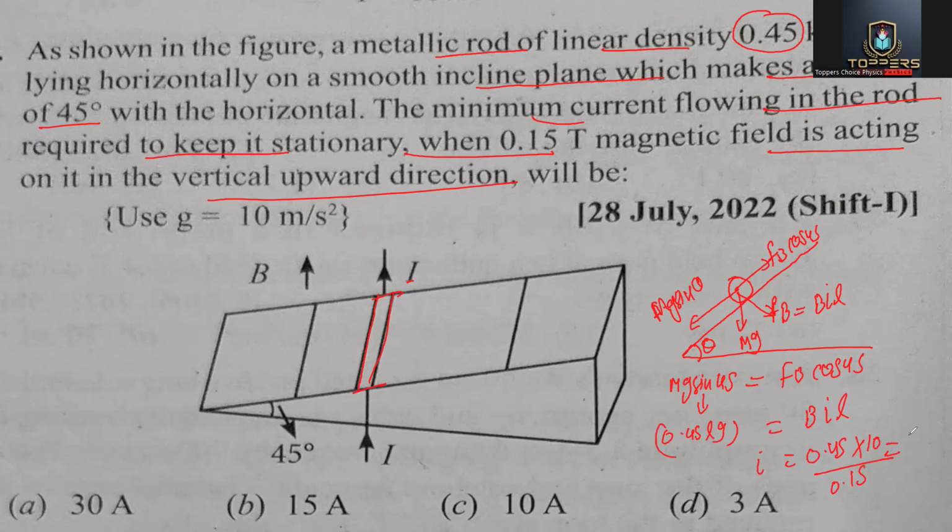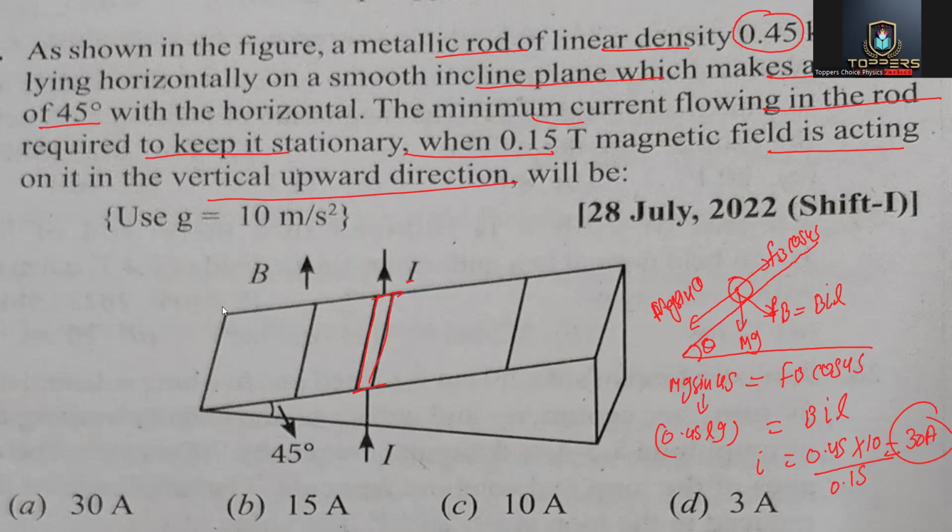If we solve it, that will be 30 ampere. Here they have used Newtonian mechanics along with induced EMF and motional EMF, three concepts in a single question. This is the beauty of IIT JEE questions, right? Hopefully you are agreeing with this one.